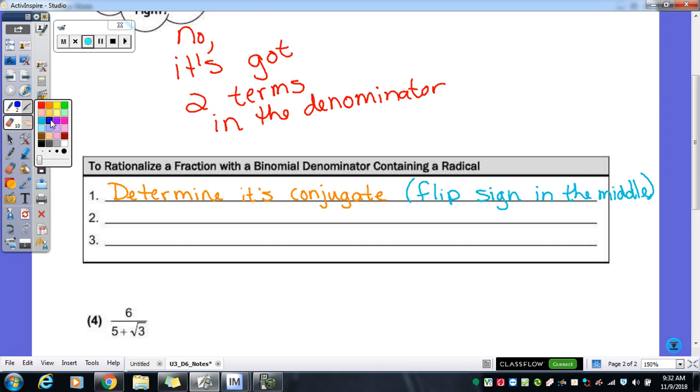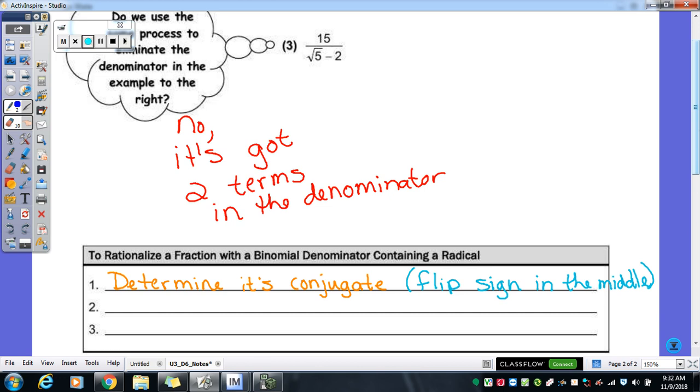So for example, this one up here, the conjugate would be radical 5 plus 2. I just take that minus, change it to a plus. That's all you have to do to determine the conjugate. You just change that sign in the middle.